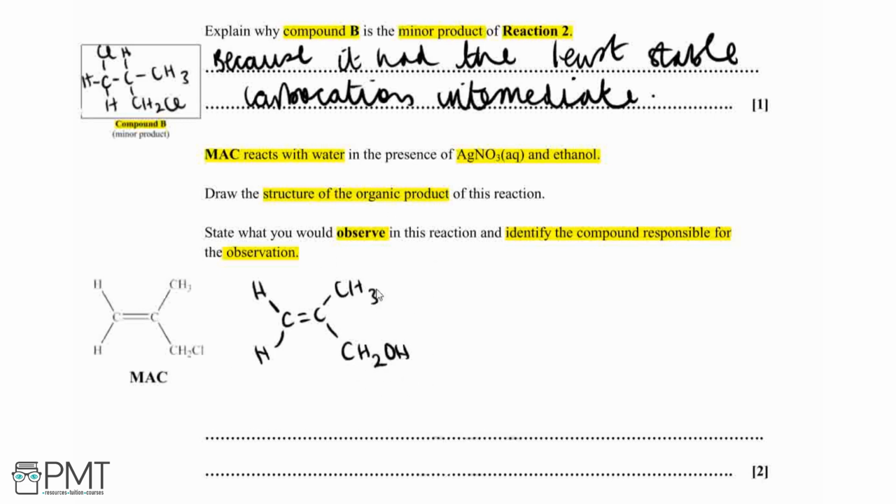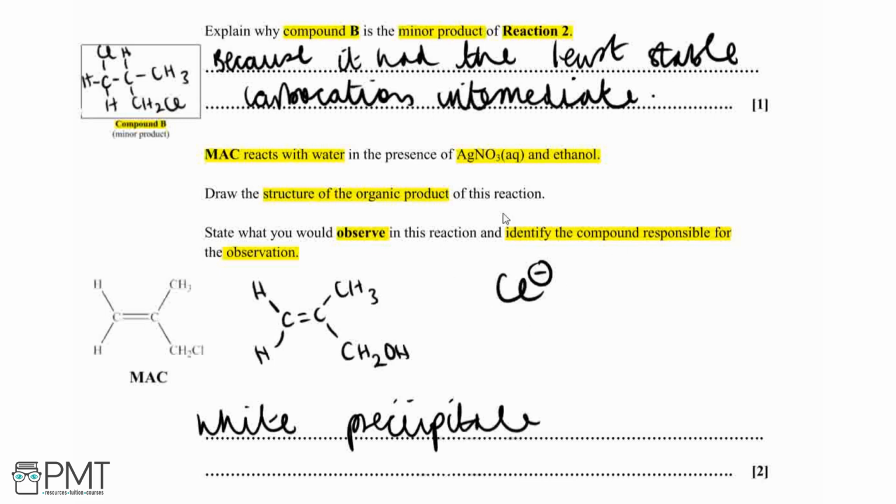And what we would observe would be a white precipitate overall. And that is because when we get our hydrolysis of this bond, we're going to produce some chloride ions. And the test with our silver nitrate is the test for chloride ions.